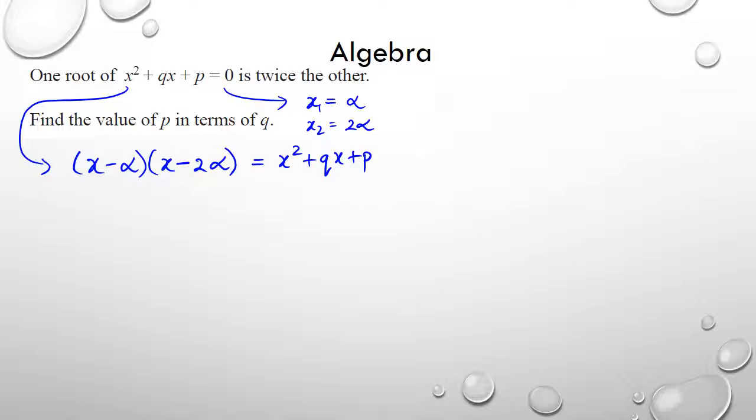So when we expand the left hand side, we're going to get x squared minus 3 alpha x plus 2 alpha squared, and this is equal to x squared plus qx plus p.